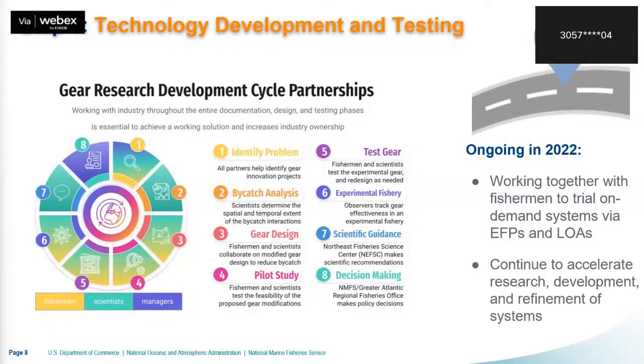So we've been using this existing gear research development cycle approach in how we engage with fishermen and the on-demand gear manufacturers to get gear in the hands of those who'd like to test it and get feedback back to the researchers and engineers to refine the technology over time. And that's really where we are today in 2022.